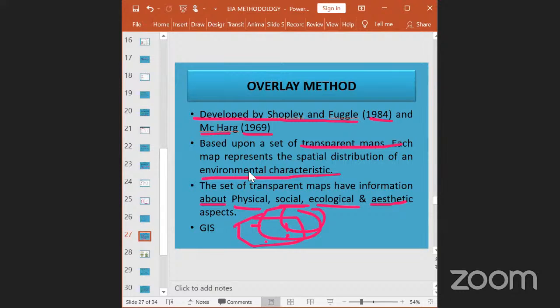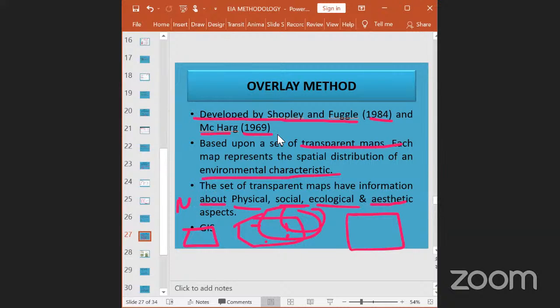It can be located on the final map, and the validity of the assessment will be related to the type and number of parameters chosen. Normally, to have some clarity, the number of parameters that can be overlaid in a transparency map is limited to 10.